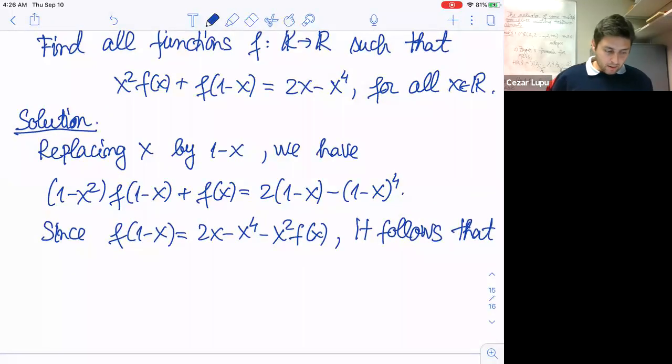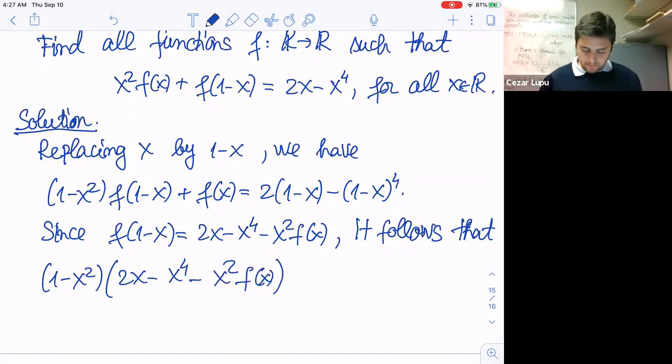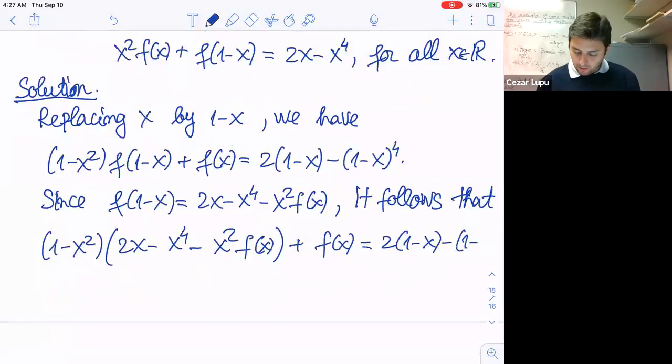It follows that 1 minus x squared times 2x minus x to the 4th minus x squared f of x, plus f of x, equals 2 times 1 minus x minus 1 minus x to the 4th.